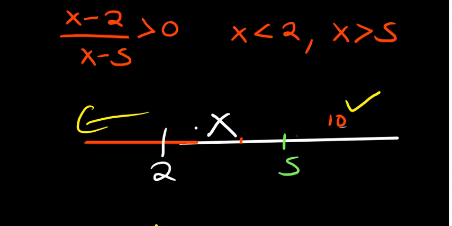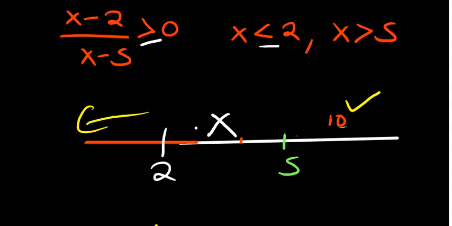2 itself is going to make it 0, right? So if we added greater than or equal to 0, we would have included that point as well. Are we together? But in this case, we are only interested in what is greater than 0, not equal to 0.